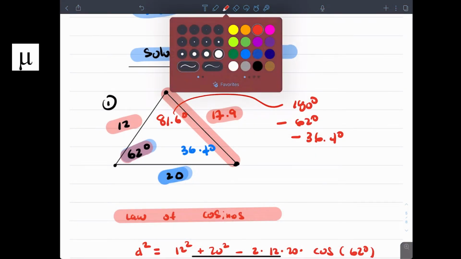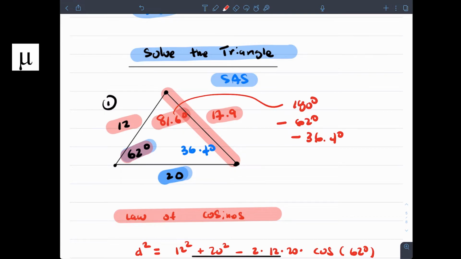And there it is. You guys solved a what? Triangle.